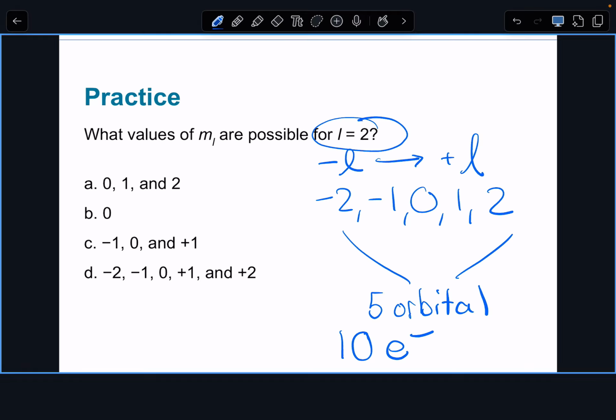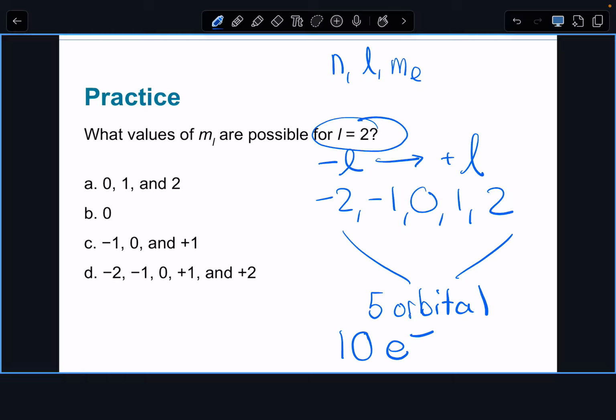Every orbital can hold 2 electrons. If I can describe the n, L, and M sub L, I am talking about a particular orbital, because those 3 quantum numbers together describe an orbital.